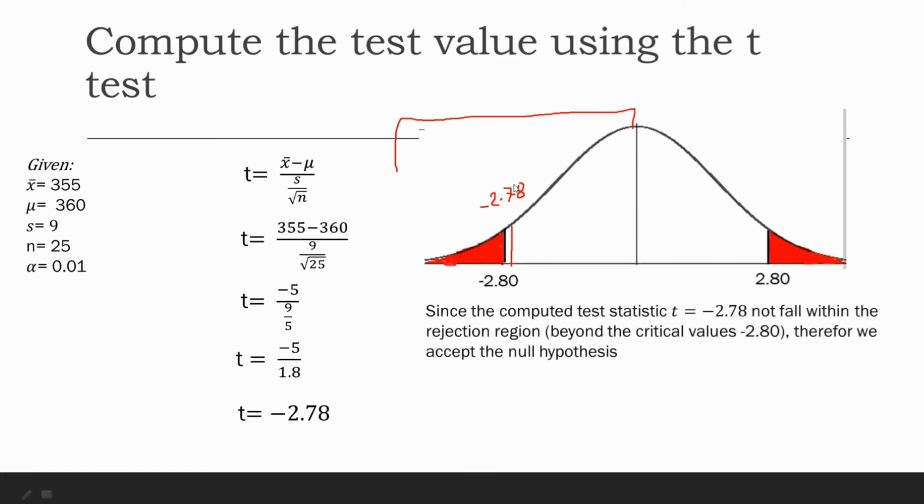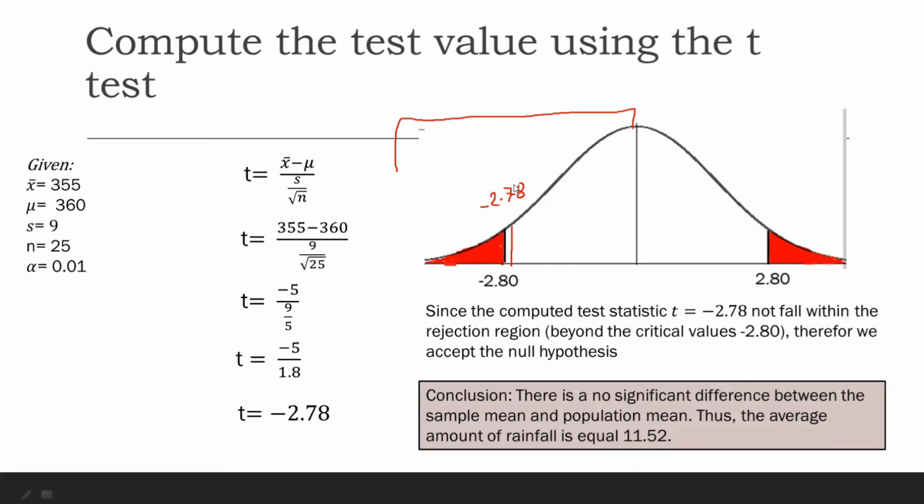So since the computed test statistic is negative 2.78, which does not fall within the rejection region, therefore we accept the null hypothesis. And the conclusion is there is no significant difference. So walang pagkakaiba yung ating sample mean and the population mean.